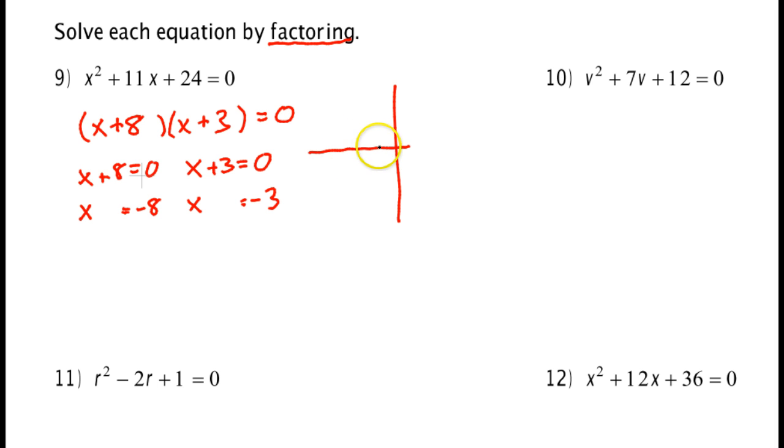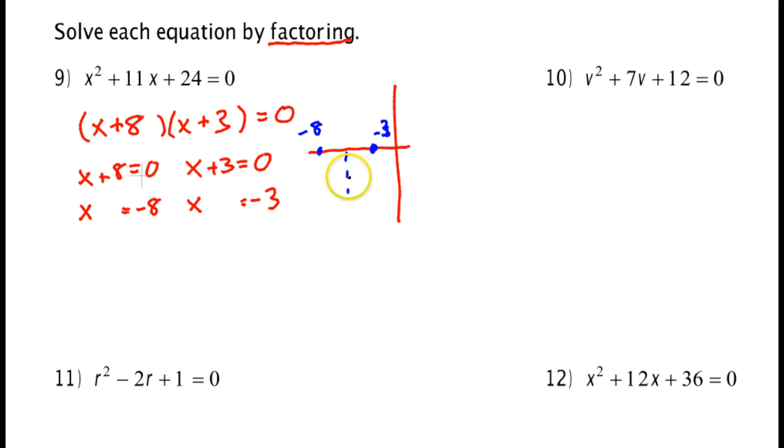Yeah, those are x-intercepts as well. So I know for this parabola, it's going to go through -3 and -8. Here's the thing with factoring. We don't know where the vertex is. I do know the axis of symmetry is right in the middle, the very middle of these 2 points.